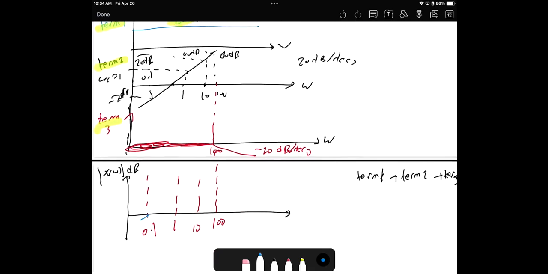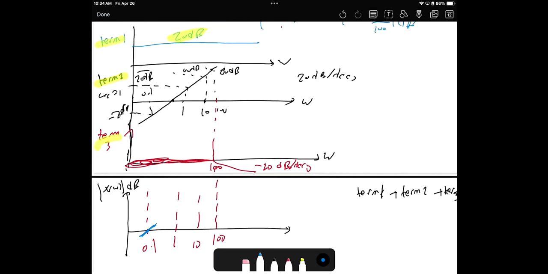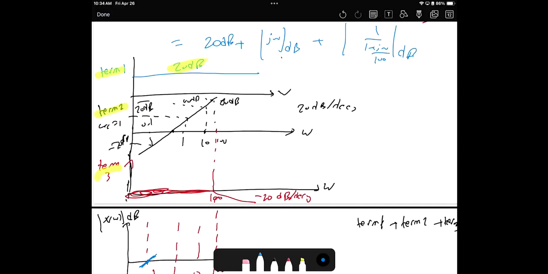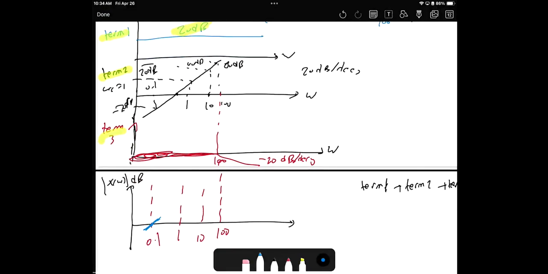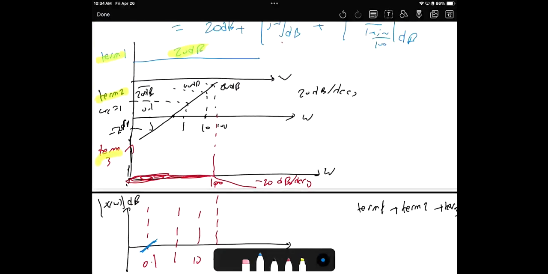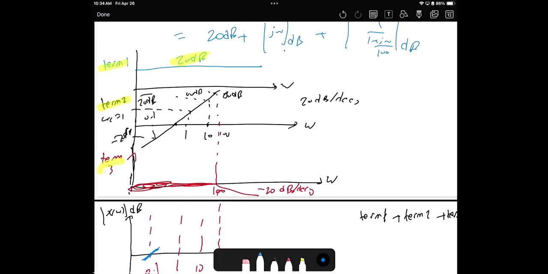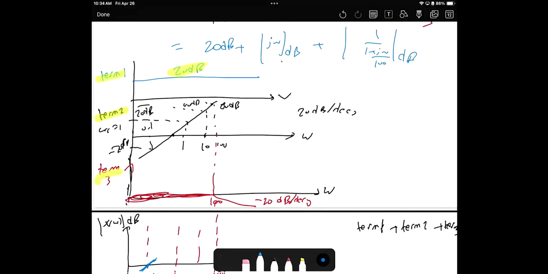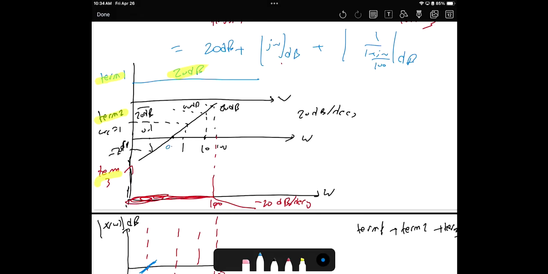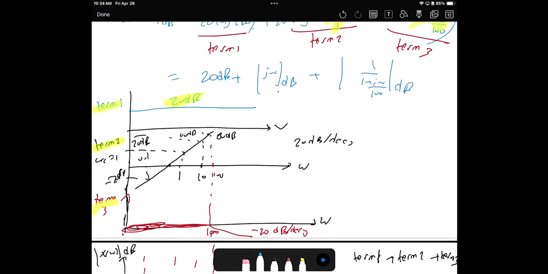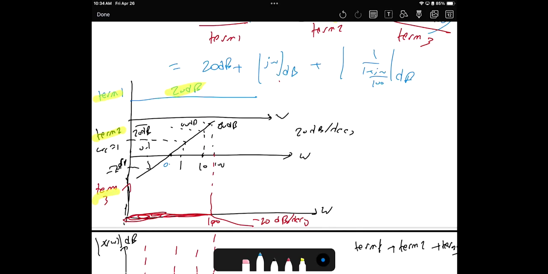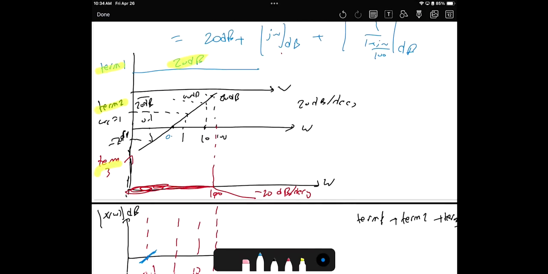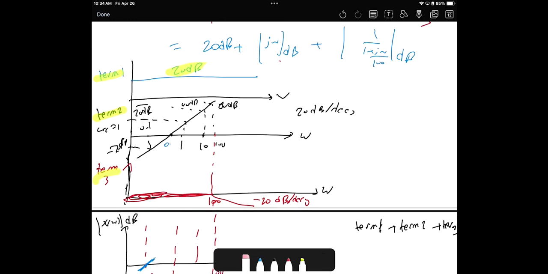Then, at 1, what's happening? At 1, we have 20 dB and 20, which will make it 40. Let's see, here is 1, this is 0.1. I think you went from 0.1, skipped 1. Okay, I get it.